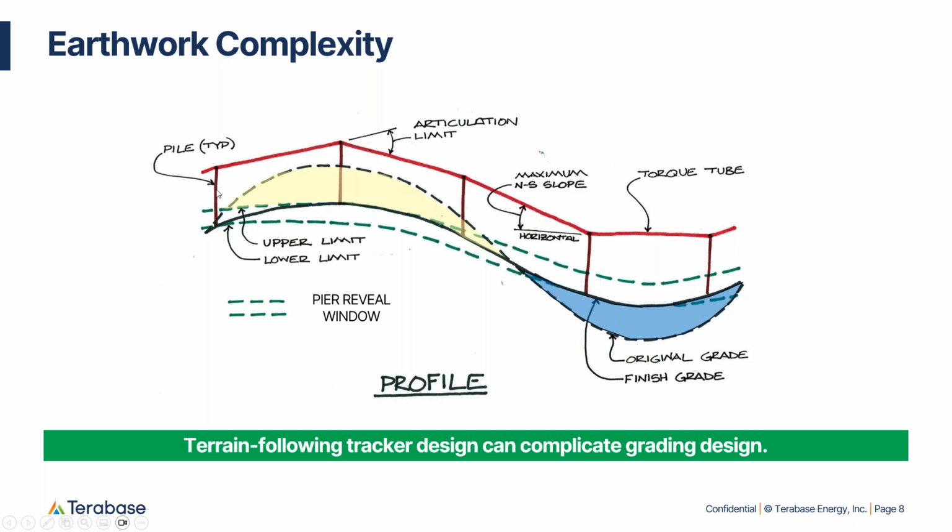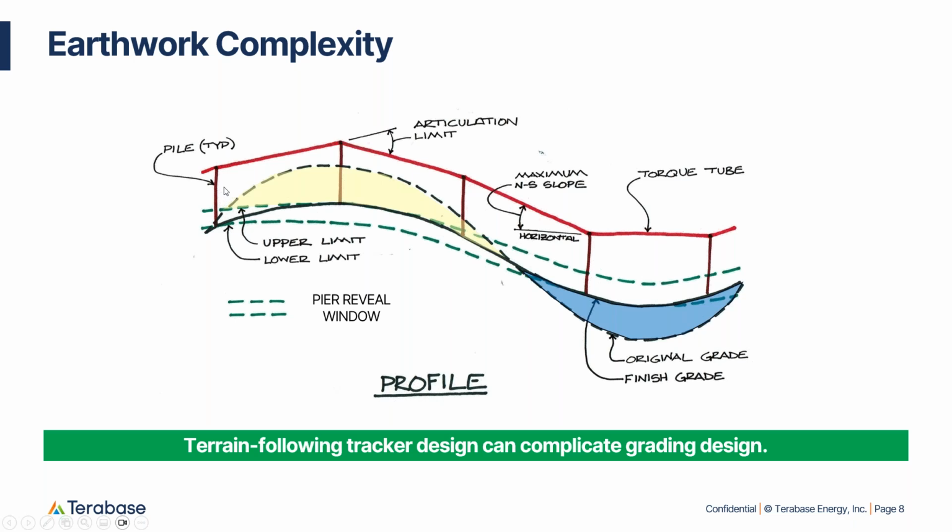We're also showing a pile, which we're saying is synonymous with a pier. This is the vertical structural support for the racking table. We have the pile reveal, or the pier reveal. And this is the height between the finished grade and the bottom of the table.